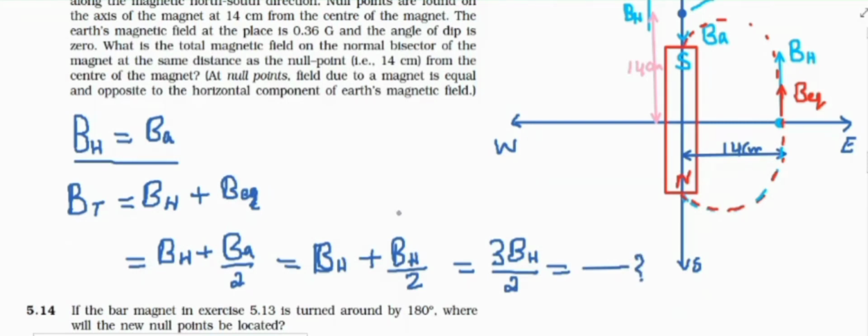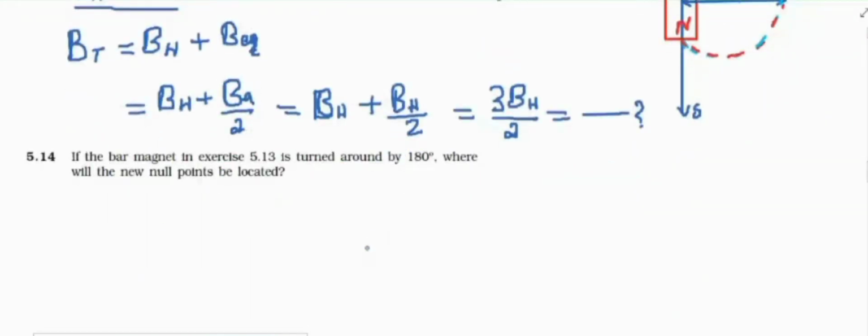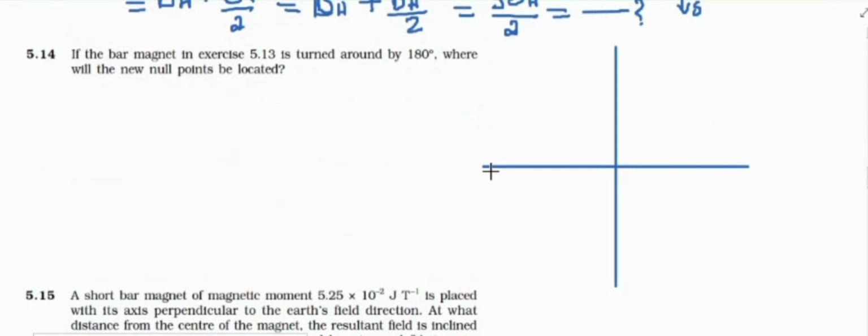Now, next. If the bar magnet in the previous exercise is turned around by 180 degrees, where will the new null points be located? So in this case, again, we have to go for the diagram. So we have north, south, east, west directions.